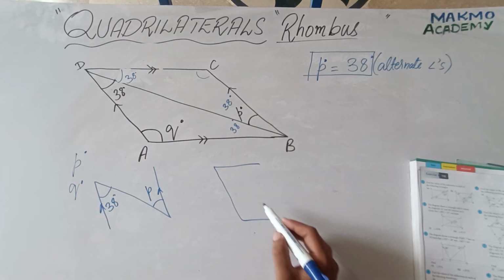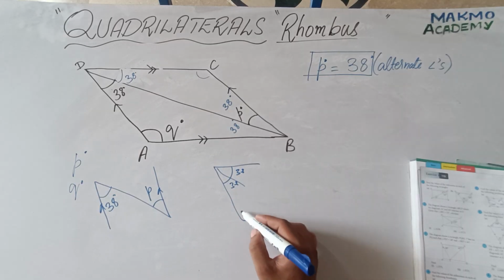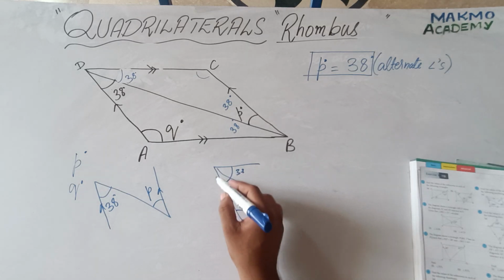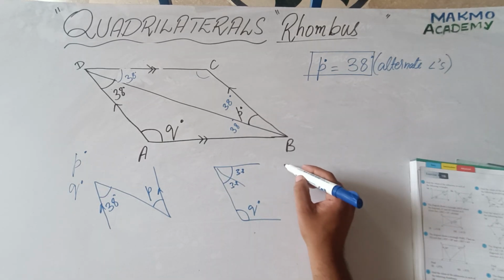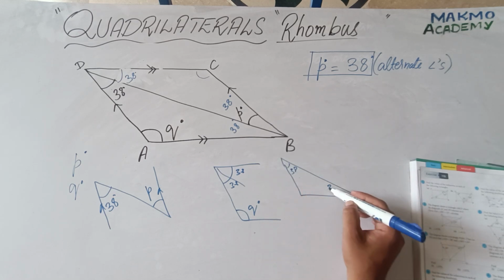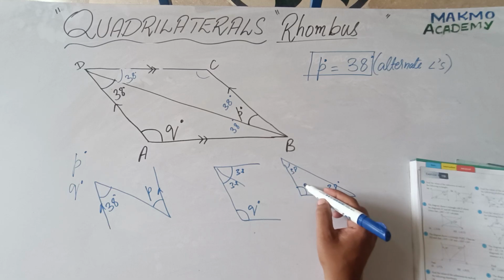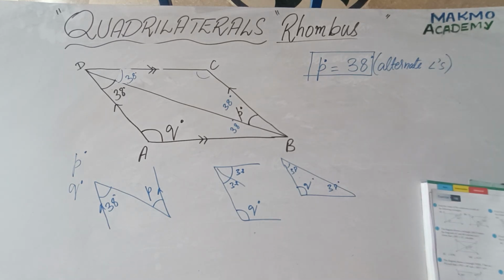This is one of the ways, like 38 and 38 plus Q. They are making a letter C according to interior supplementary angles, and 38 plus Q is equal to 180, because of the angle sum of a triangle.